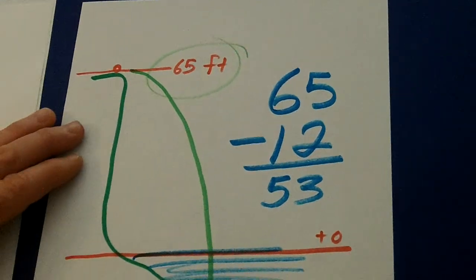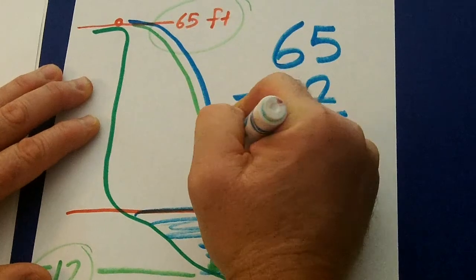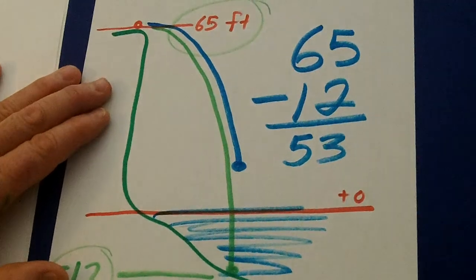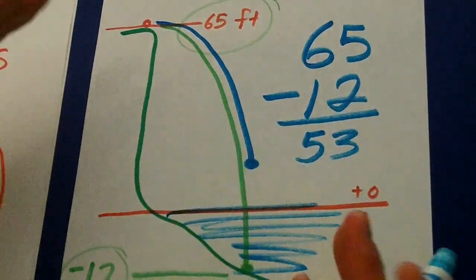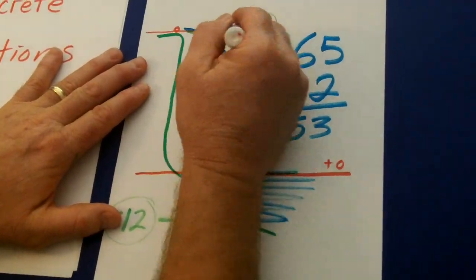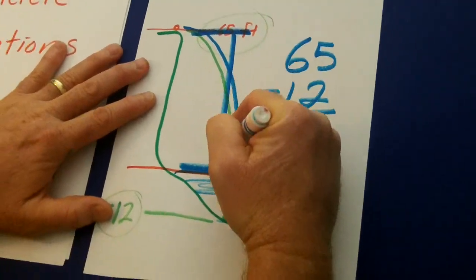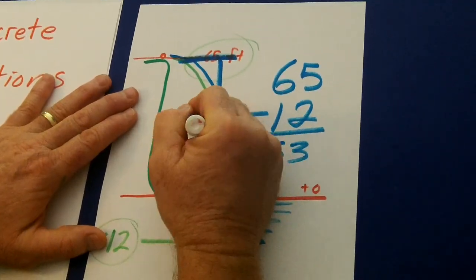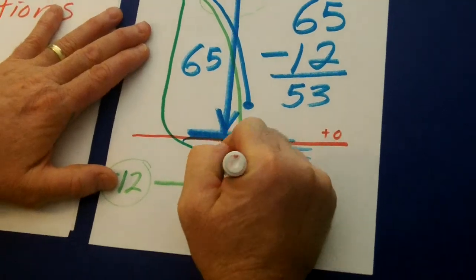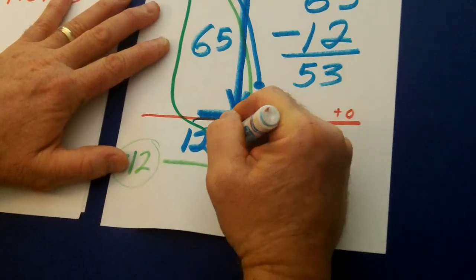And that is so wrong. Look, 53 feet is just like right here. No, no, no. When you draw a picture or have a picture in your mind, look, the ball first has to go down the positive 65, and then it has to go down negative, so I got to add 12 more feet to how far it goes down.